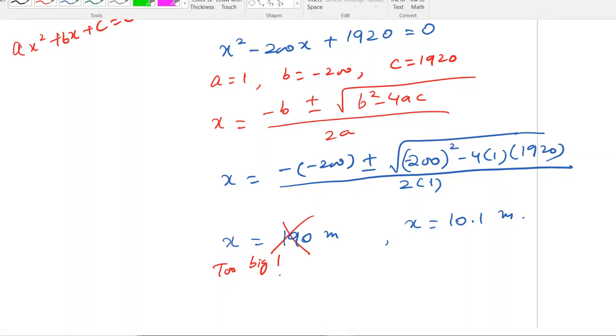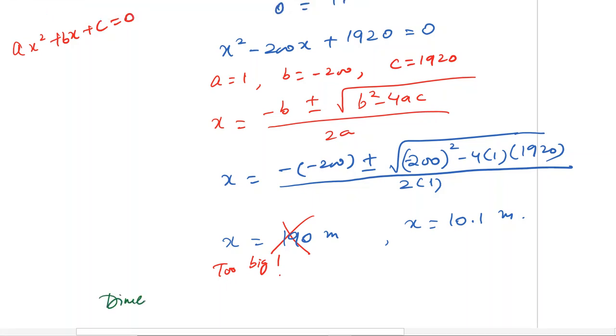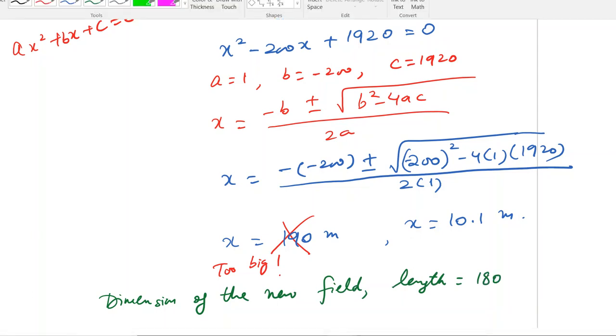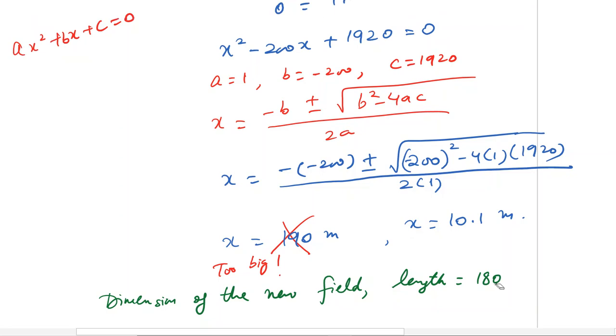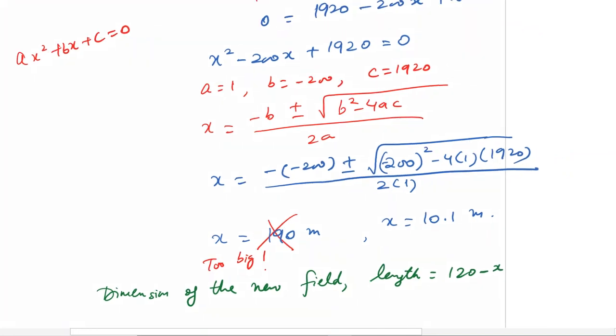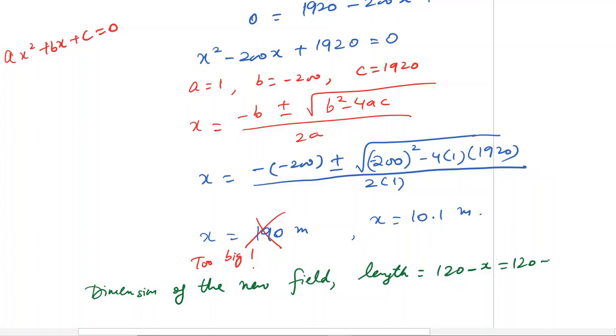So the dimensions of the new field are: the length is 120 minus x, so it should be 120 minus 10.1, which is 109.9 meters.